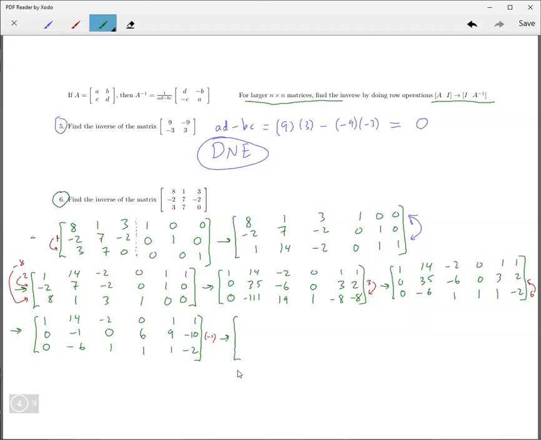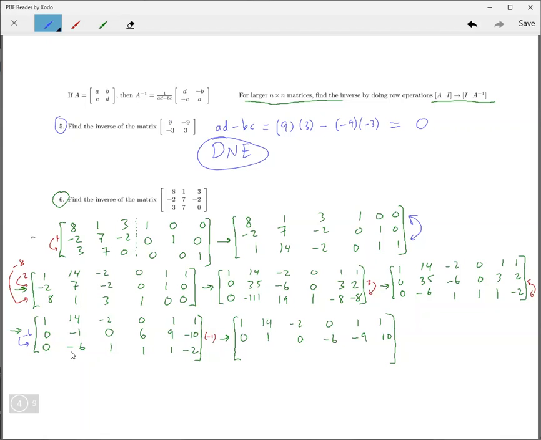And now it's going to give me, and let me do 2 things while I'm at it, just because I want to save space. So I multiply this by negative 1, and that's going to make all these negative, like that. And then while I'm at it, I'm going to multiply this by negative 6 and add to there.